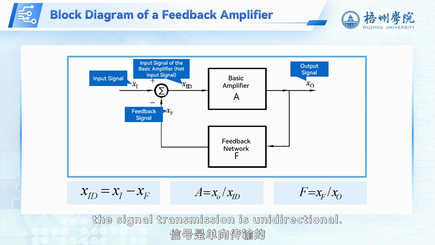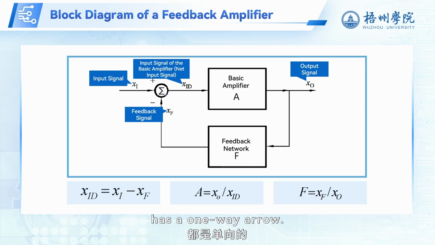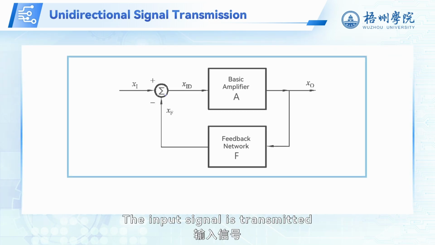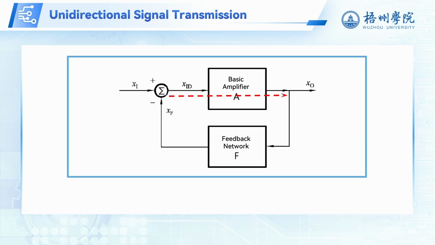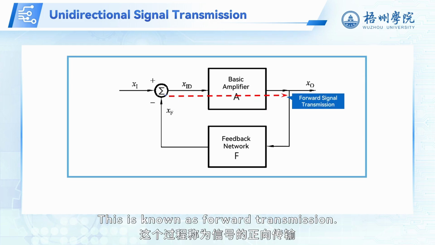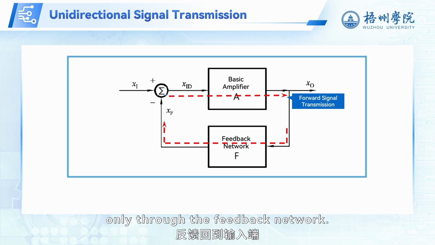The signal transmission is unidirectional. Notice that every line in the diagram has a one-way arrow. The input signal is transmitted only through the basic amplifier to the output. This is known as forward transmission. The output signal, in turn, is fed back to the input only through the feedback network.